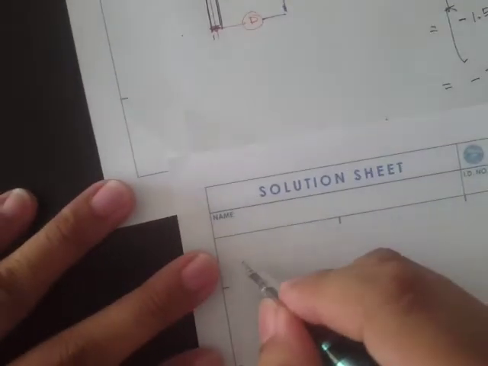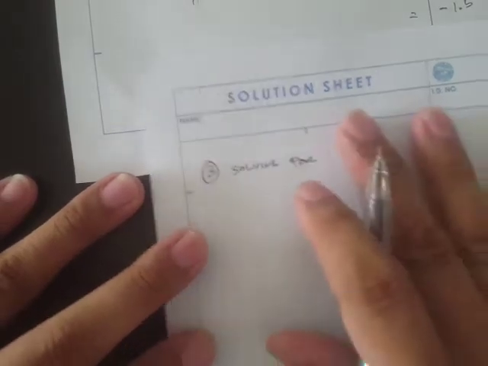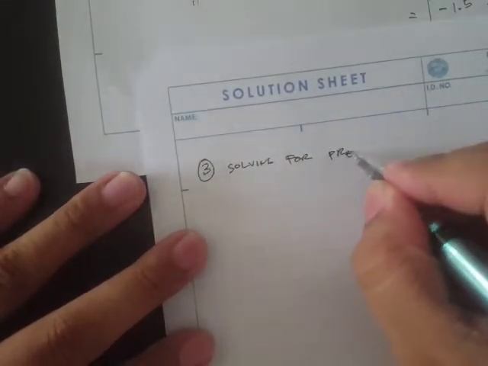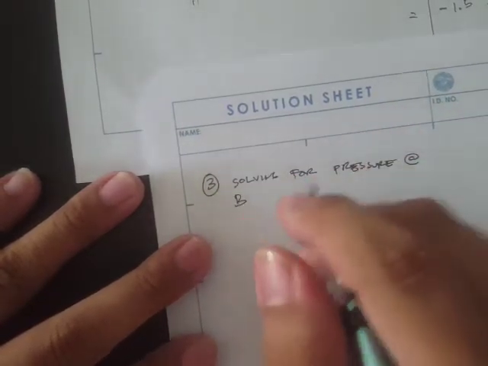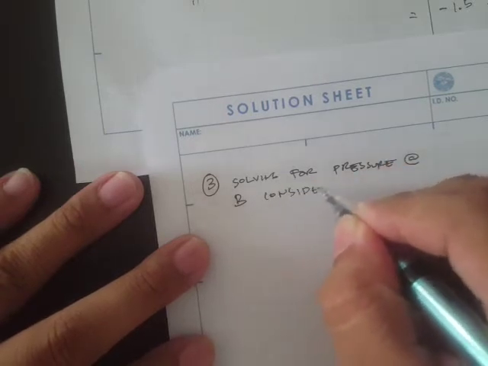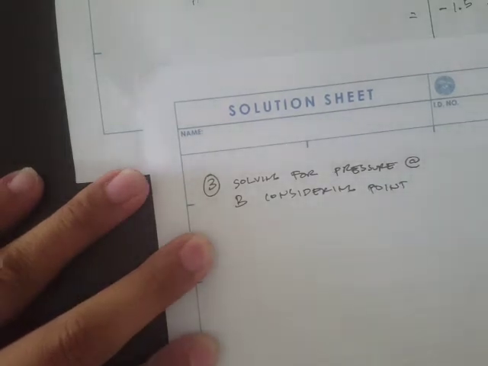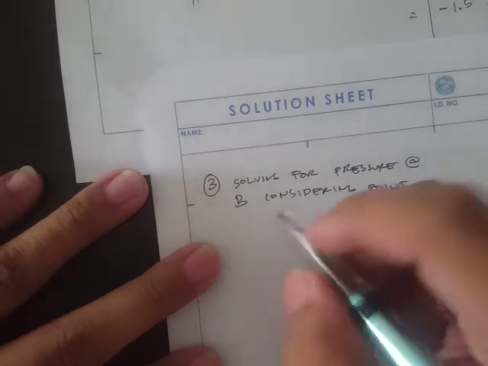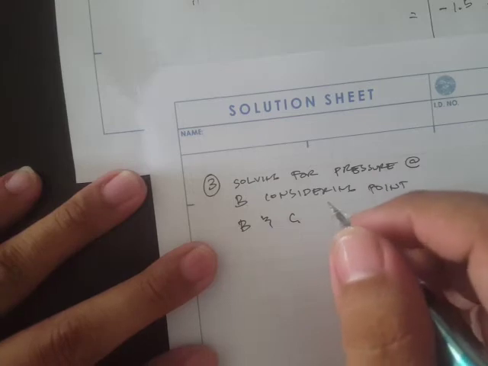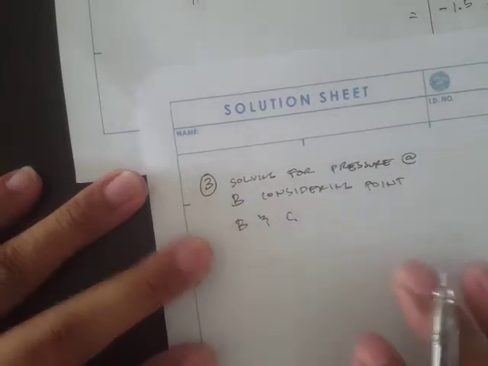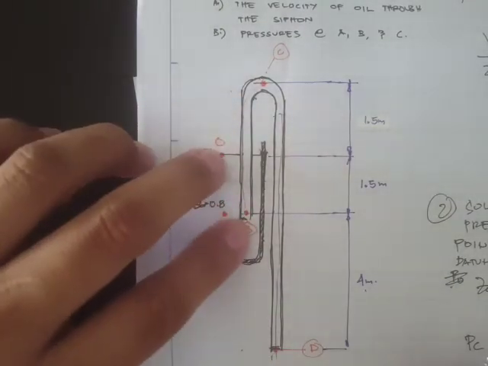Okay, next is solving for the pressure at, let's say, at B, considering point B and point C. Okay, I think it's also fine if you want to use point O and point B. I think that's just fine.